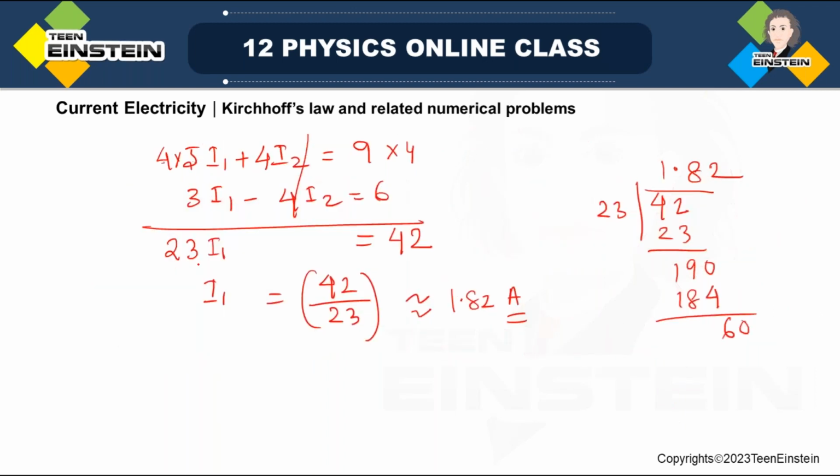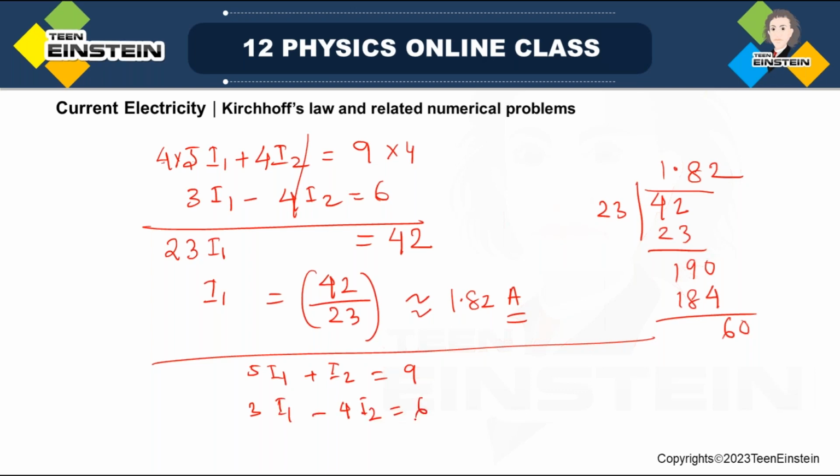We can now put in the value, or otherwise we can do the same thing again. Better to do the same thing again. 5I1 plus I2 is equal to 9, and 3I1 minus 4I2 is 6.